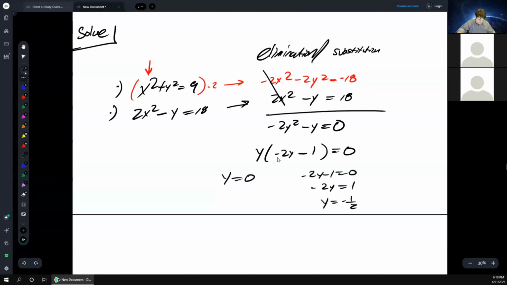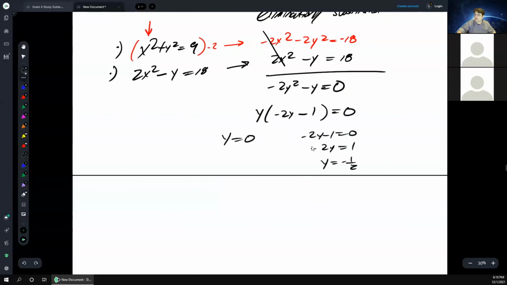So now, in order to finish this up, we need to find our x values. So we need to plug into one of our 2 equations. It really doesn't matter which one. So I'm just going to plug into the bottom one here. So first we're going to plug in y equals 0. So that would be 2x squared minus 0 equals 18, or just 2x squared equals 18.